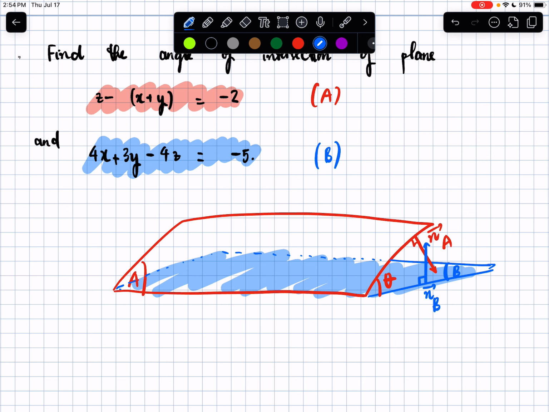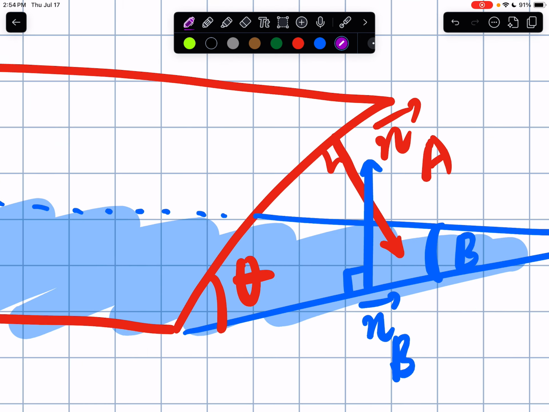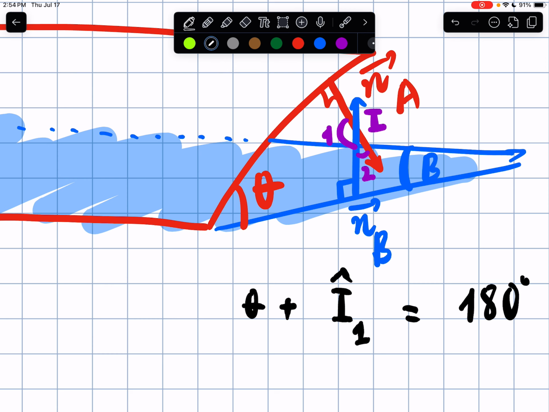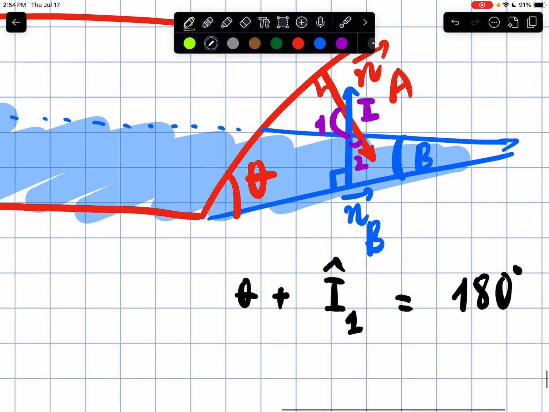So we can see that the intersection angles are I. Say here's I1 and here's I2. So theta plus I1 is 180 degrees. And I1 plus I2 is also 180 degrees.